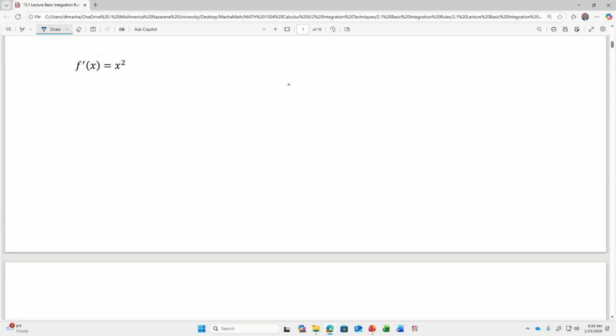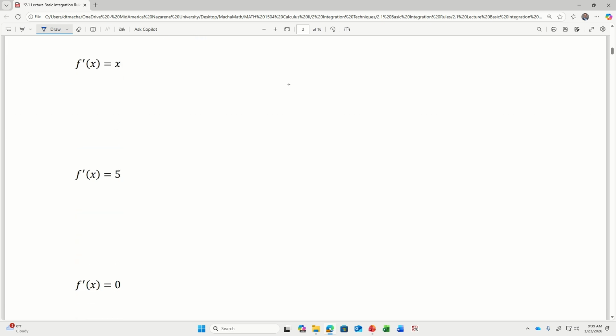Gwyn, if my derivative is x squared, what would have been my original function? Very good. Kyle, if my derivative is x, what would have been my original function? 2x squared.